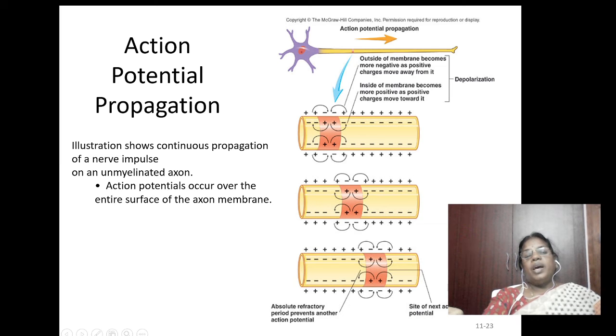Where negative charges are present outside, positively charged Na+ ions rush in, and here this is a repolarized part. So this repolarized part has negatively charged ions inside, positively charged ions outside.